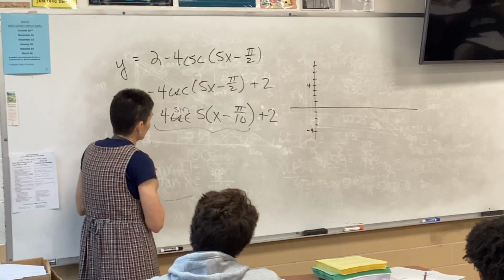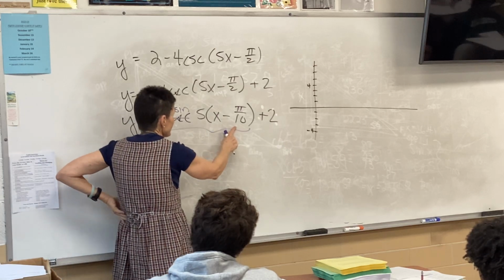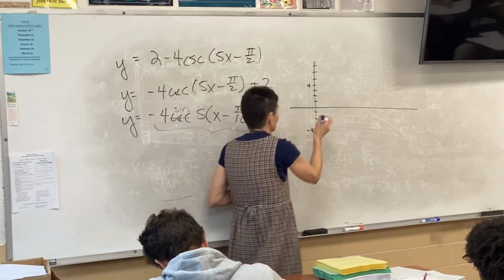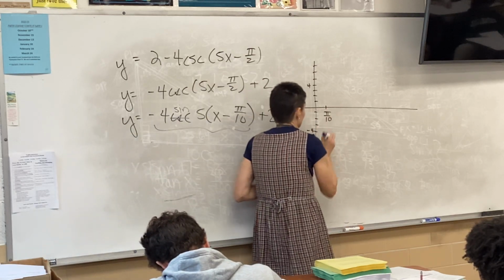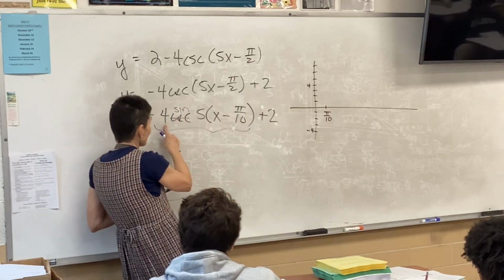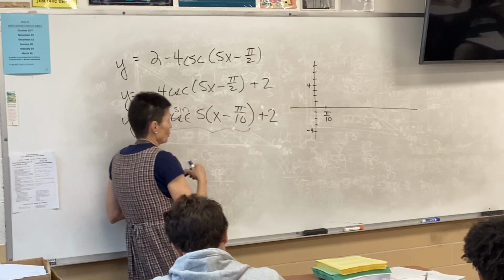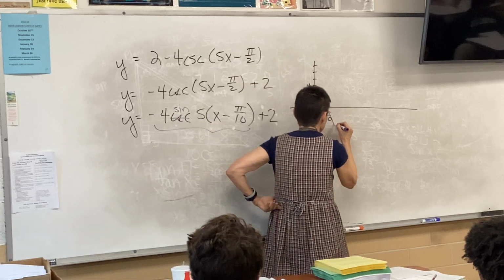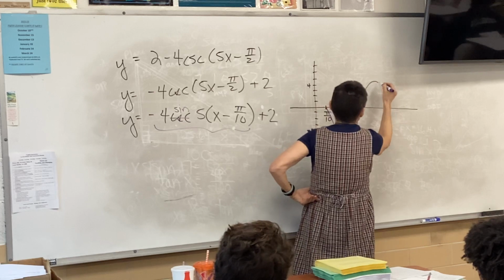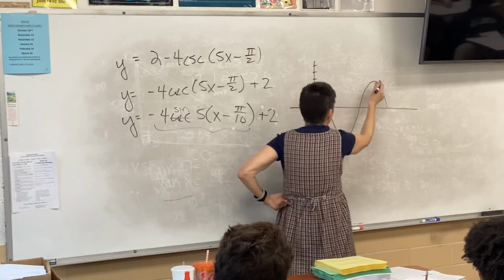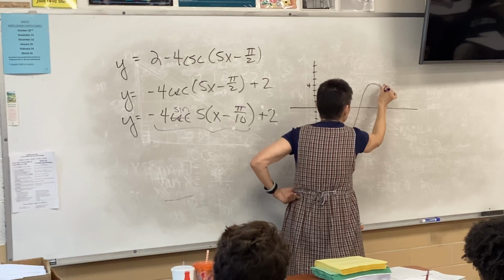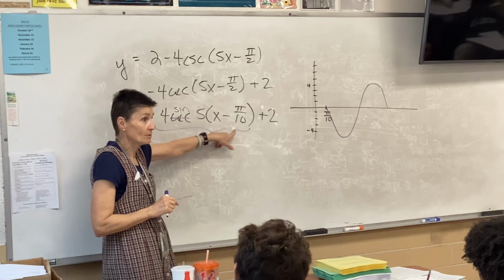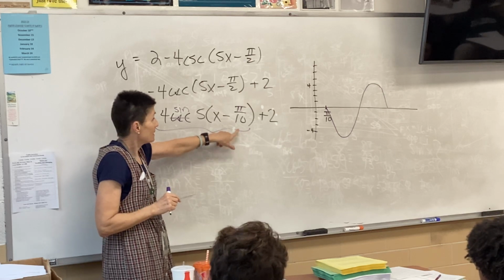Looks like I have a phase shift of pi over 10, which means that my negative sine curve is going to start at pi over 10. Is that ringing some bells, memory bells there? It's negative.